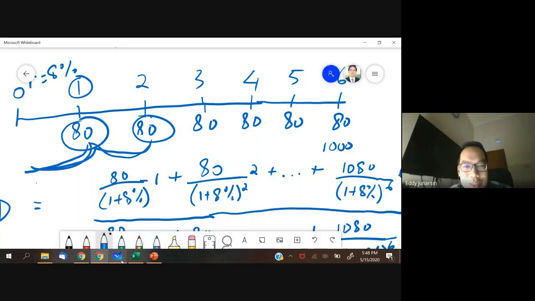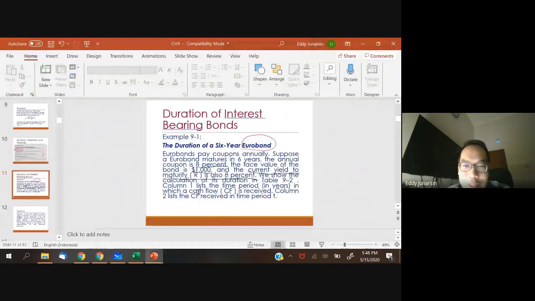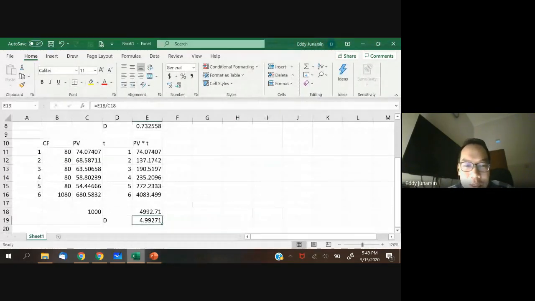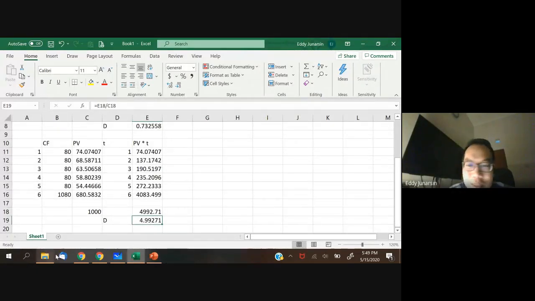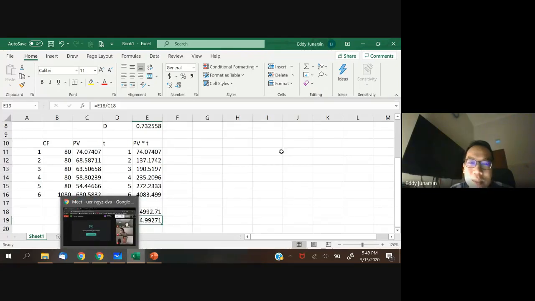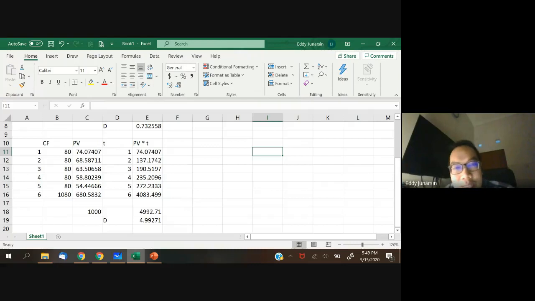Okay, so we still have a lot of examples, don't worry. Any question first about the calculation before we move to another example? Quite easy to understand, right? Especially with Excel. Again, I want to emphasize this.